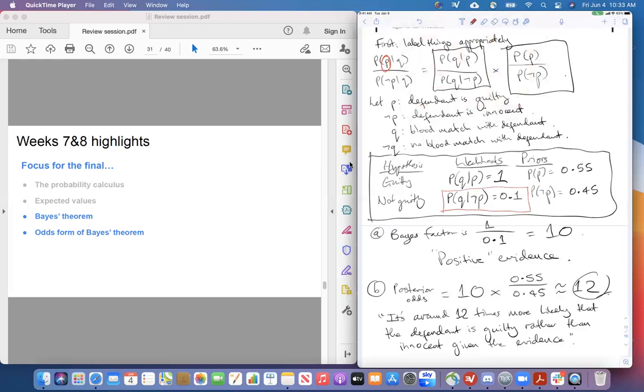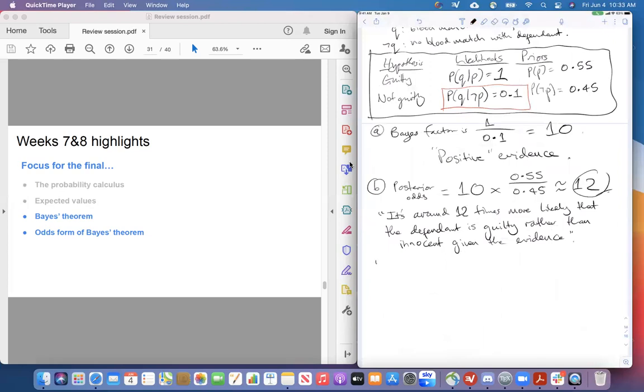We're thinking of the probability of a match and the defendant being innocent. They are independent statements here. Let me write this down. So blood match and innocent are independent.